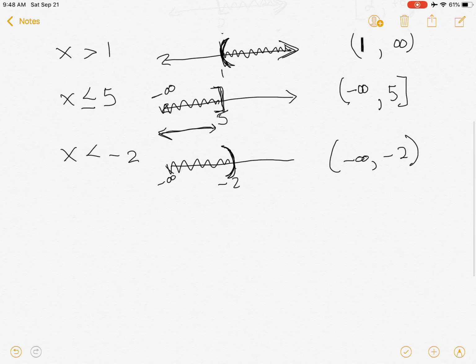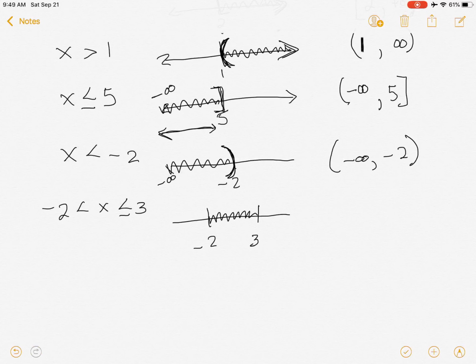Now, here's a couple that are between. Alright, these are kind of easy, because if I read the between, let's say I had negative 2 is less than x is less than or equal to 3. Alright, so see how the x is trapped between negative 2 and positive 3? So put negative 2 and positive 3 on your graph. Alright, it's trapped between, so we're going to shade between.